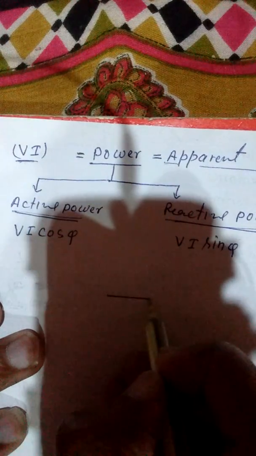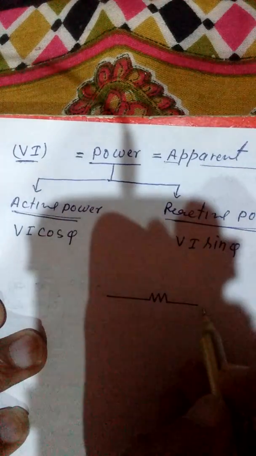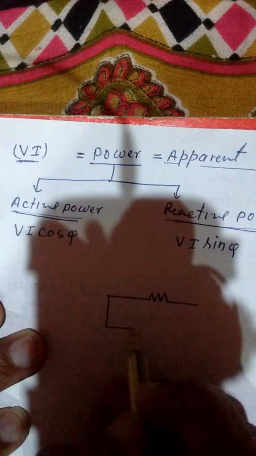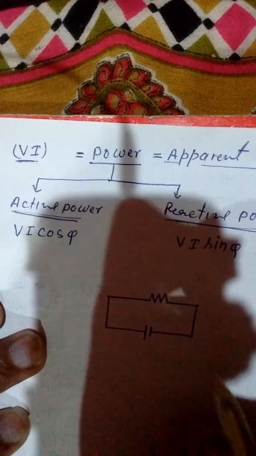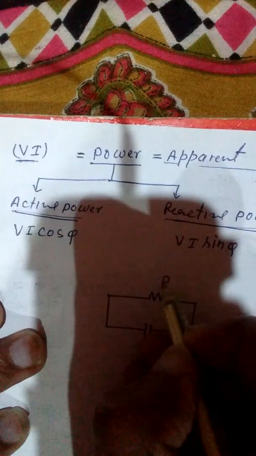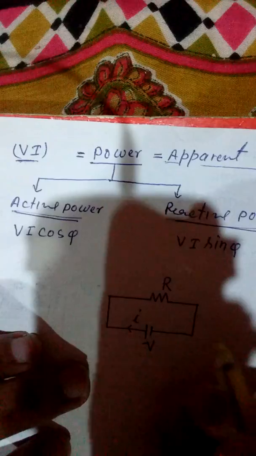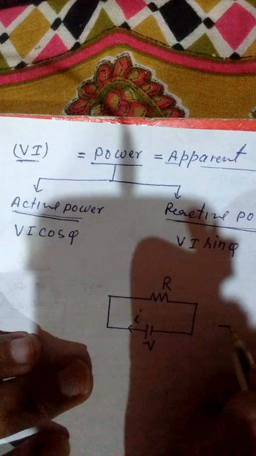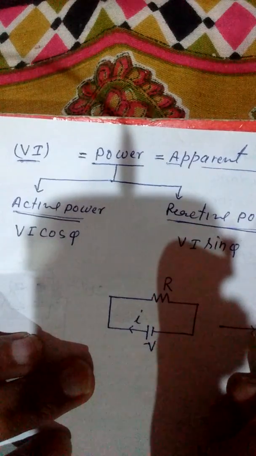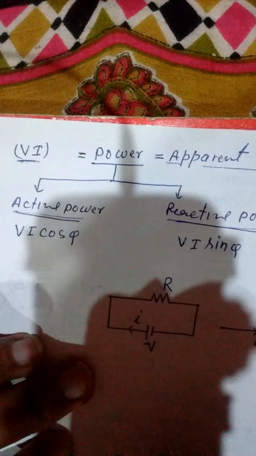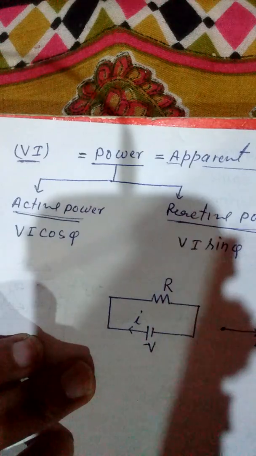Actually, if you consider an element, a resistor, and we supply it by a DC battery source V, then this is V and this is R, and the current flowing in this will be I. If you draw the phasor diagram of this circuit, then this will be V and this will be I. It means voltage and current in this case are in the same line.